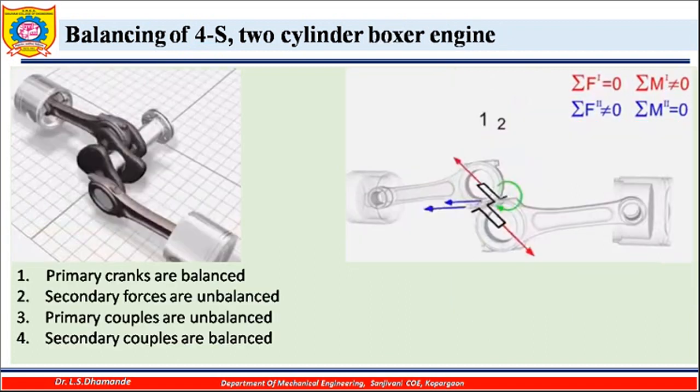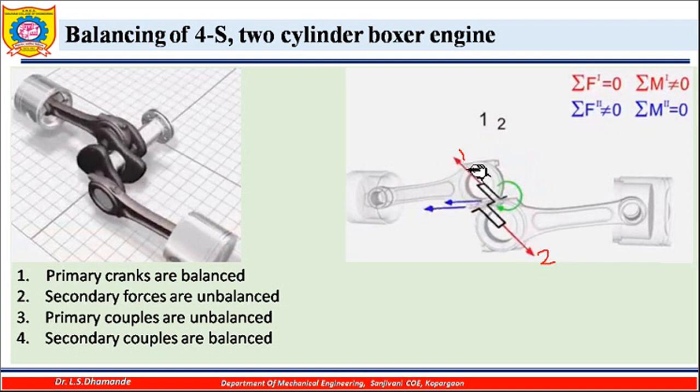Similarly, if we see a 4-stroke two-cylinder boxer engine, in this case you will find the two cylinders are mounted exactly opposite of each other. It is not in the same line. So the primary force of cylinder number 1 will be acting in this direction and cylinder number 2 will be acting in the other direction.